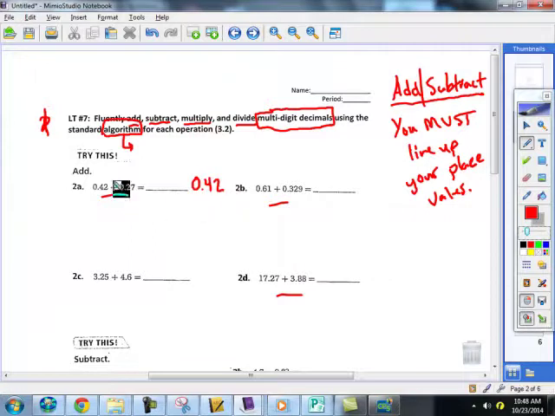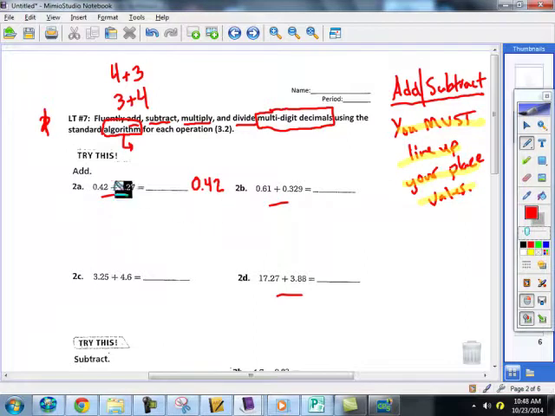And the great thing about addition is it doesn't matter which number is on top or bottom, because addition is commutative, which means 4 plus 3 gives you the same exact answer as 3 plus 4. So it doesn't really matter which one you put on top. It just matters that you line up your decimal places. You must have that, or line up your place values.